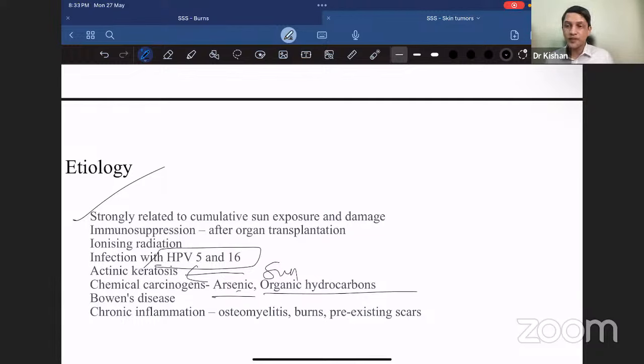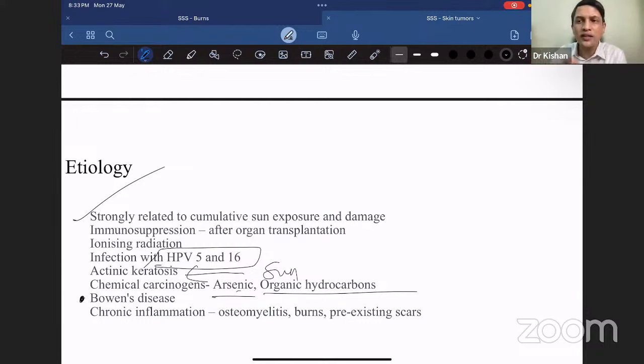What is Bowen's disease? Can anyone tell what is Bowen's disease? Intraepidermal, in situ SCC. Parth is answering. Yes, that is in situ, correct. Intraepidermal, that is in situ. Okay.